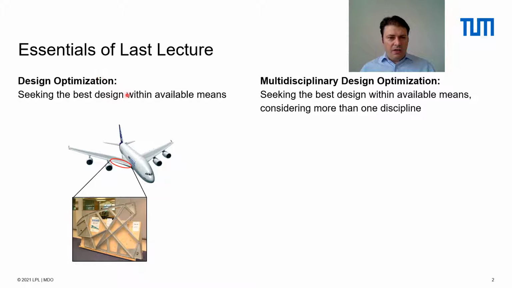It is about finding a design according to some criterion that is related to an idea of best. And you do that within your available means. That means that you do your search on a specified design space and you try to satisfy design requirements which are mathematically expressed as constraints.